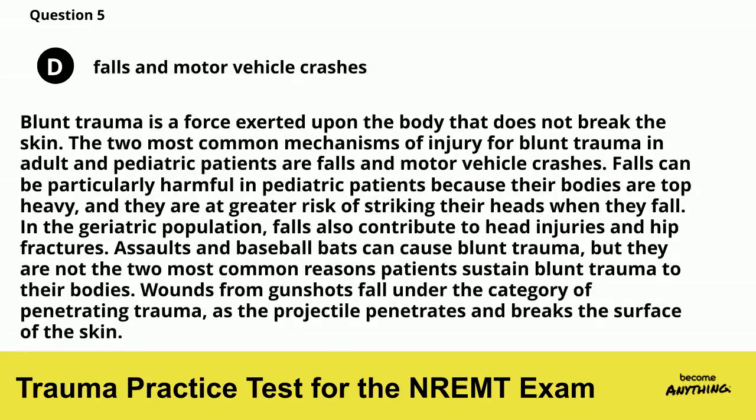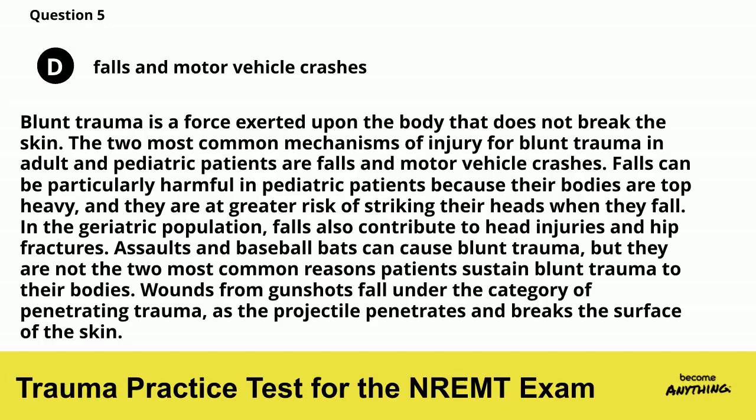Blunt trauma is a force exerted upon the body that does not break the skin. The two most common mechanisms of injury for blunt trauma in adult and pediatric patients are falls and motor vehicle crashes. Falls can be particularly harmful in pediatric patients because their bodies are top-heavy, and they are at greater risk of striking their heads when they fall.